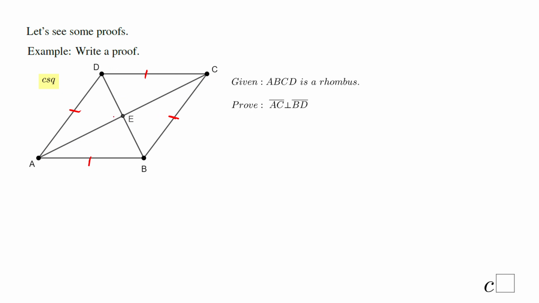We need to prove this is a right angle, for example. What else do we know? If this is a rhombus, it is a parallelogram, so these two are going to be congruent because the diagonals bisect each other. So I'm going to start with the fact that this is a rhombus.